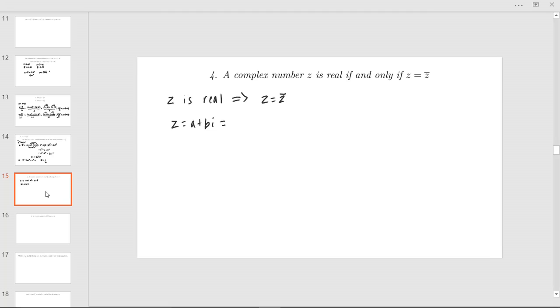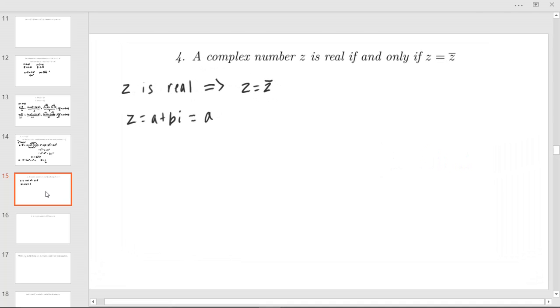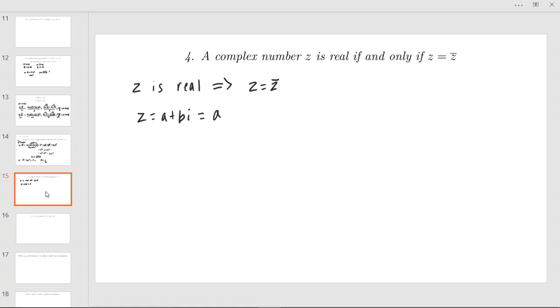So if z is real, this is a. Hence z bar is also equal to a, because the conjugate of a plus 0 times i is a minus 0 times i, which is just a.